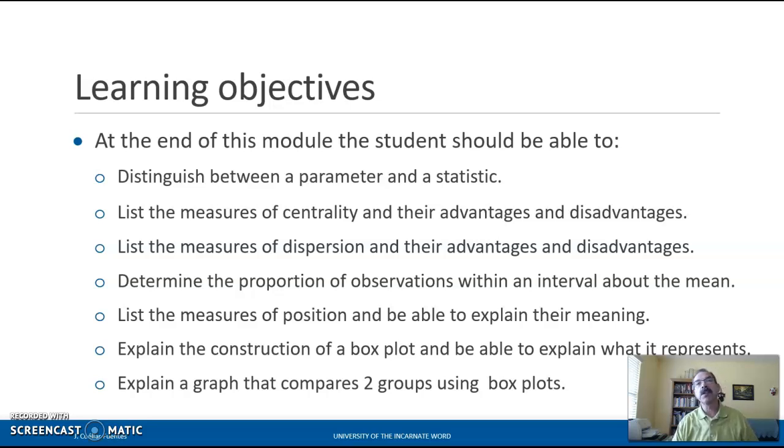You should be able to list measures of centrality and their advantages and disadvantages, list the measures of dispersion and their advantages and disadvantages, determine the proportion of observations within an interval about the mean, list the measures of position and be able to explain their meaning, explain the construction of a box plot and be able to explain what it represents, and then explain a graph that is comparing two box plots. So we'll go through all of this.